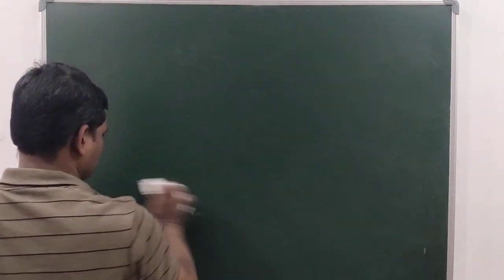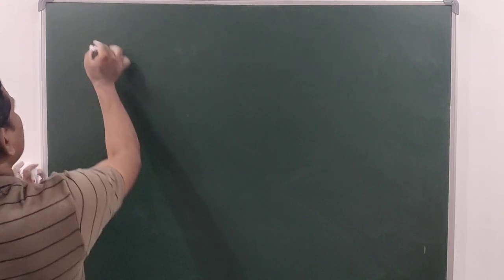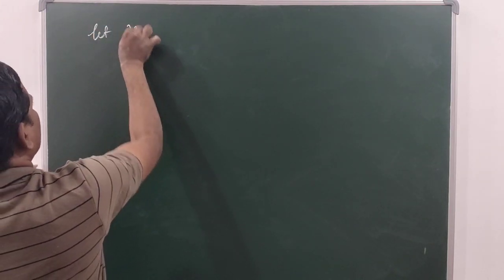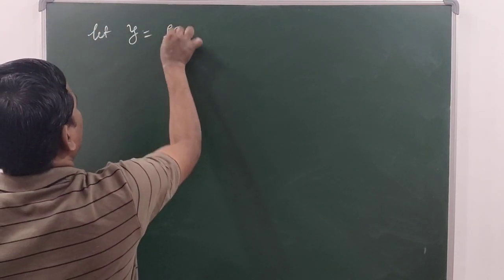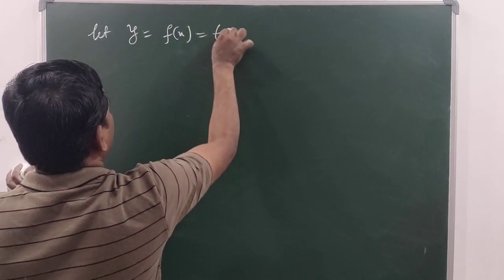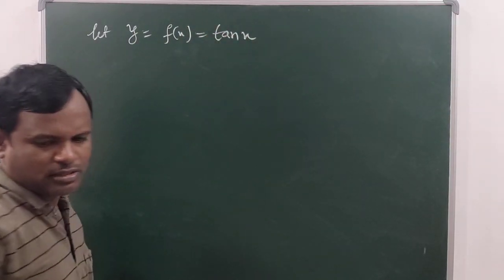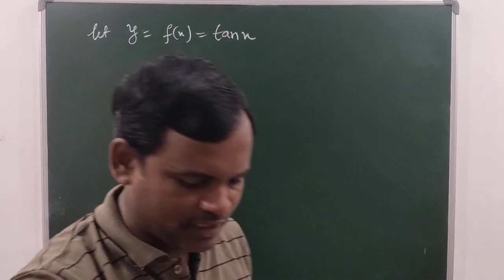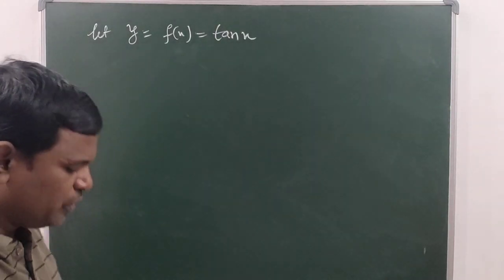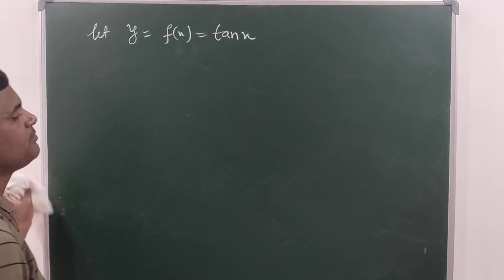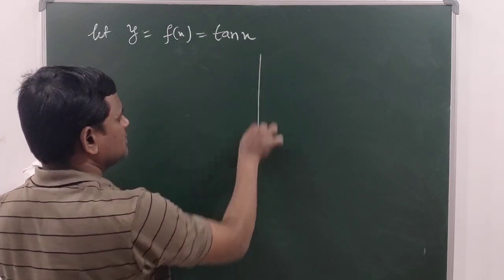Right. See, y equals f of x equals tan x. Now let us observe the graph of tan x. So how do you get the graph of tan x? See this.